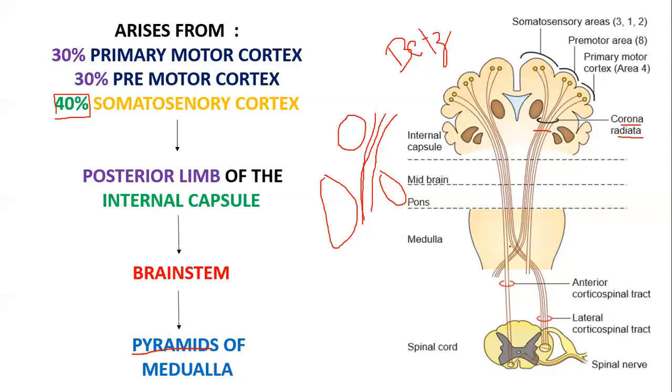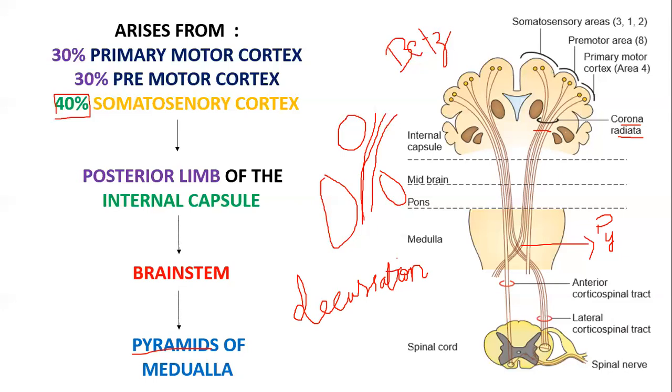Or this term I can actually call pyramidal decussation. Sorry, my handwriting is very bad. I'll just spell it out: D-E-C-U-S-S-A-T-I-O-N. Pyramidal decussation is nothing but all this, whatever I told you, this joining of fibers.